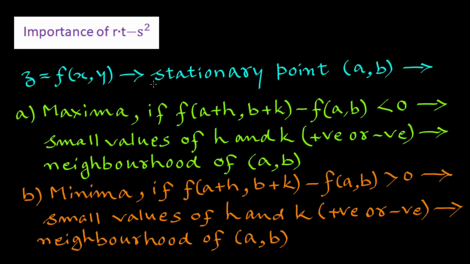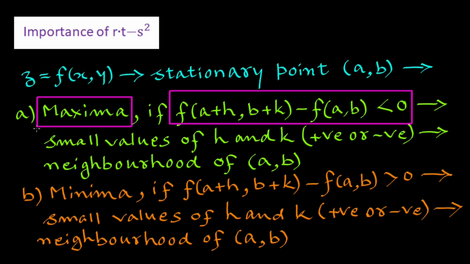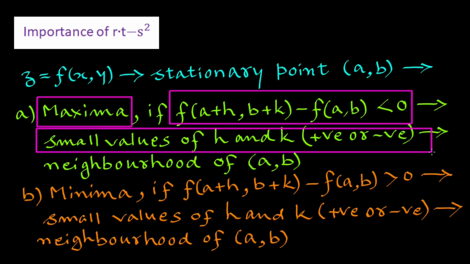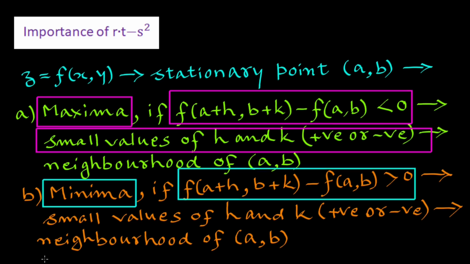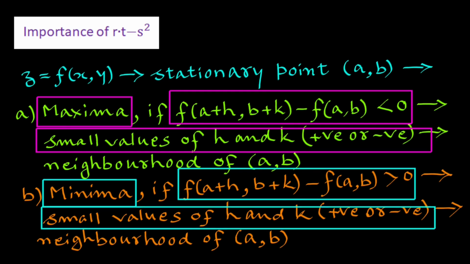Which means for maxima this sign must be retained for small values of h and k. Similarly, for minima, this sign must be retained for small values of h and k.